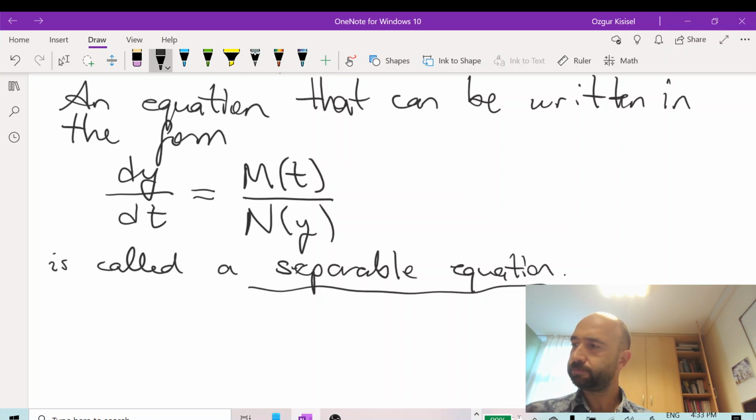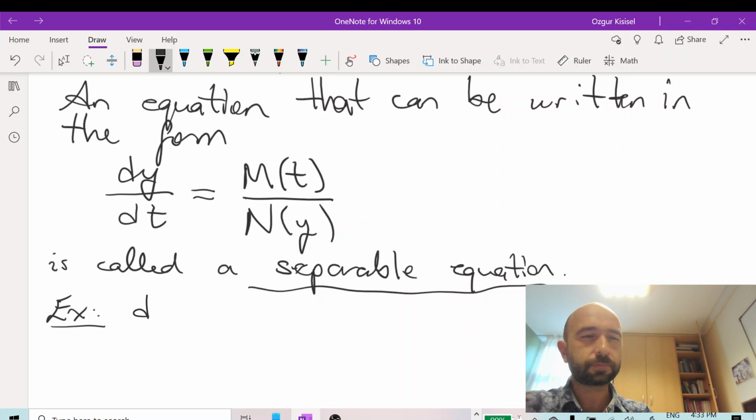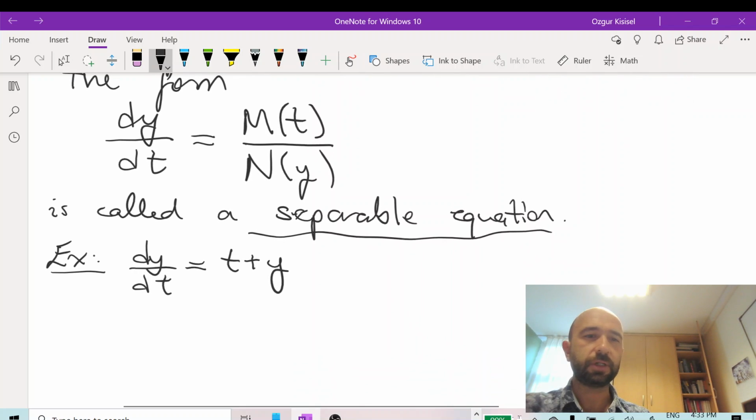Now, a non-example and an example. Something like this, dy/dt equals t plus y. Although it looks quite simple, it is not separable.